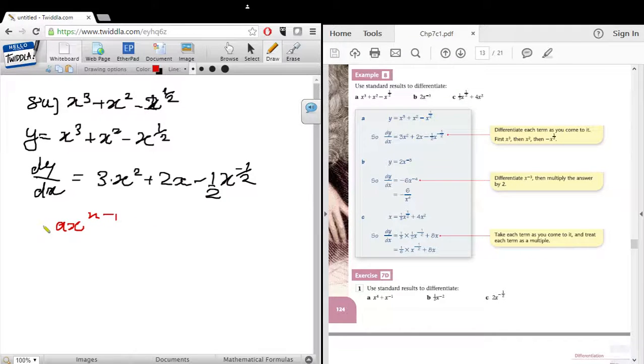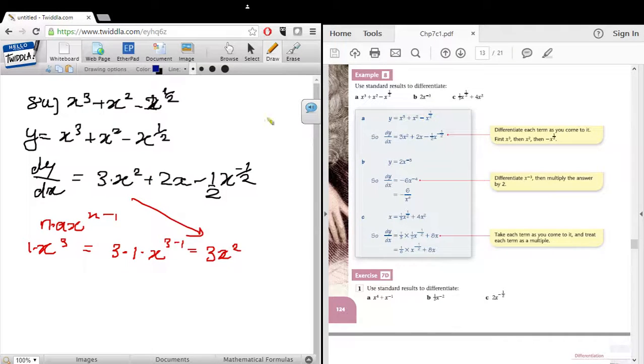Essentially what we say here is the following. We have x to the power of 3, so this is going to give you what? 3 multiplied by x^3 minus 1 gives us 3x^2, exactly what we have here.